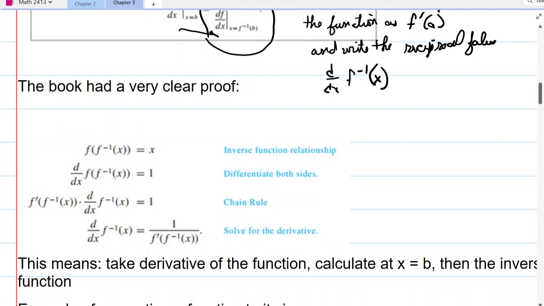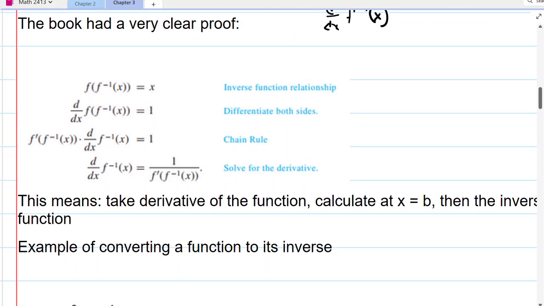All right, so here's a proof that was in the book, and it's short and so cute. It says the function of the inverse function is x, because we know the composition of the inverse and the function will give us x.